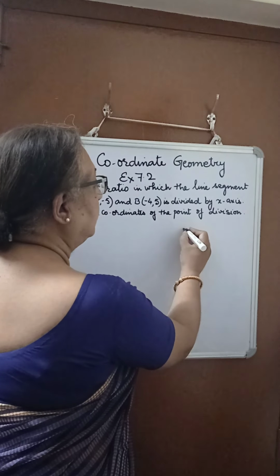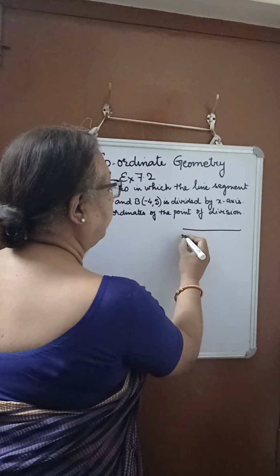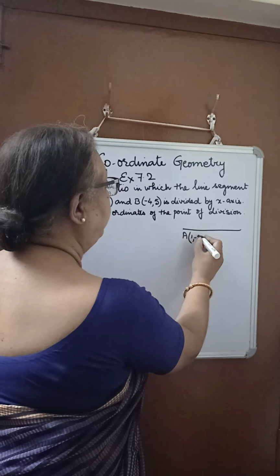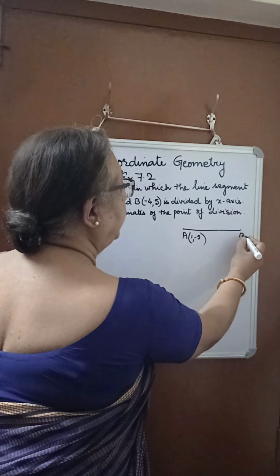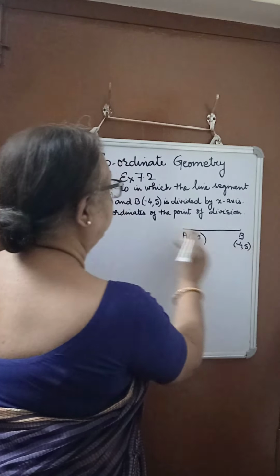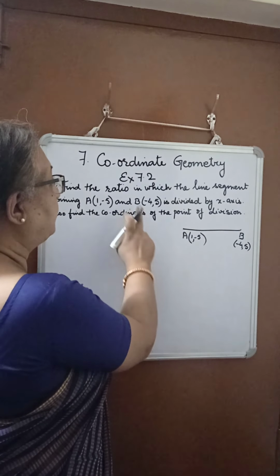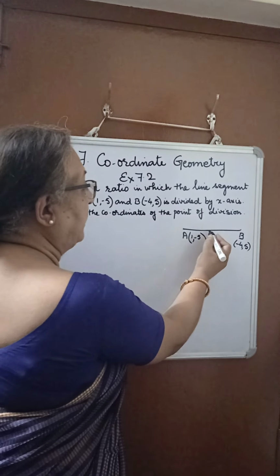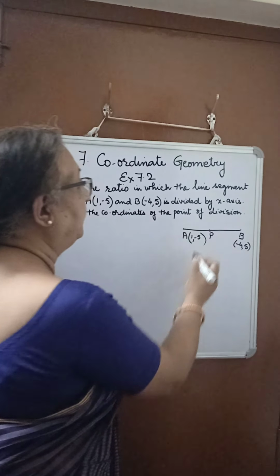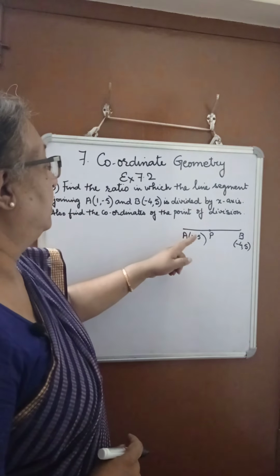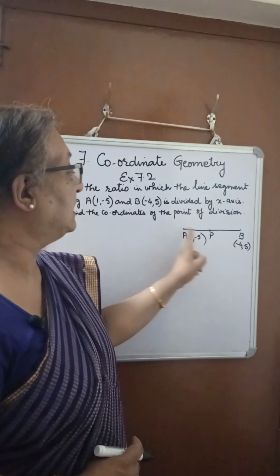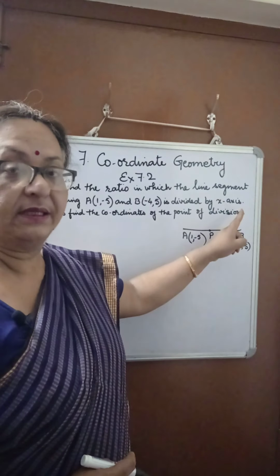That is, if we have a rough figure, this is A (1, -5), this point is B (-4, 5), and suppose we have another point here, P. This line is divided by the x-axis.